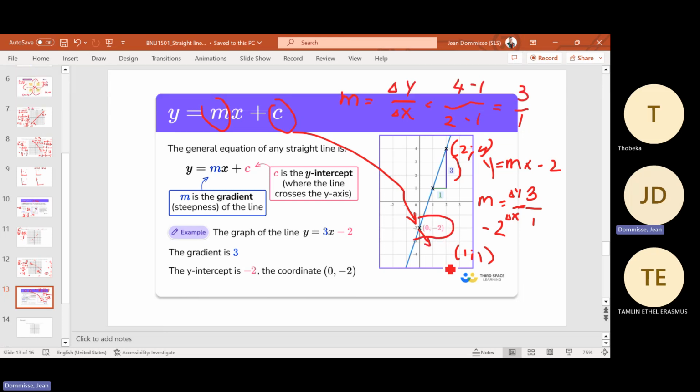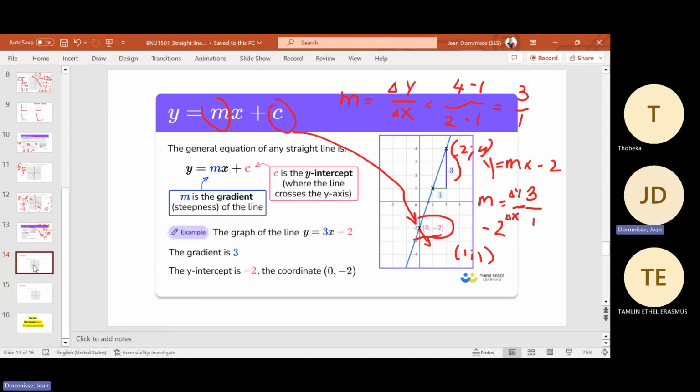They won't show you something going through a point without giving you more of that information. So if they wanted you to use that intercept as the point, they will give it to you as well, unless it is very clear on the graph that it is going through a certain point.